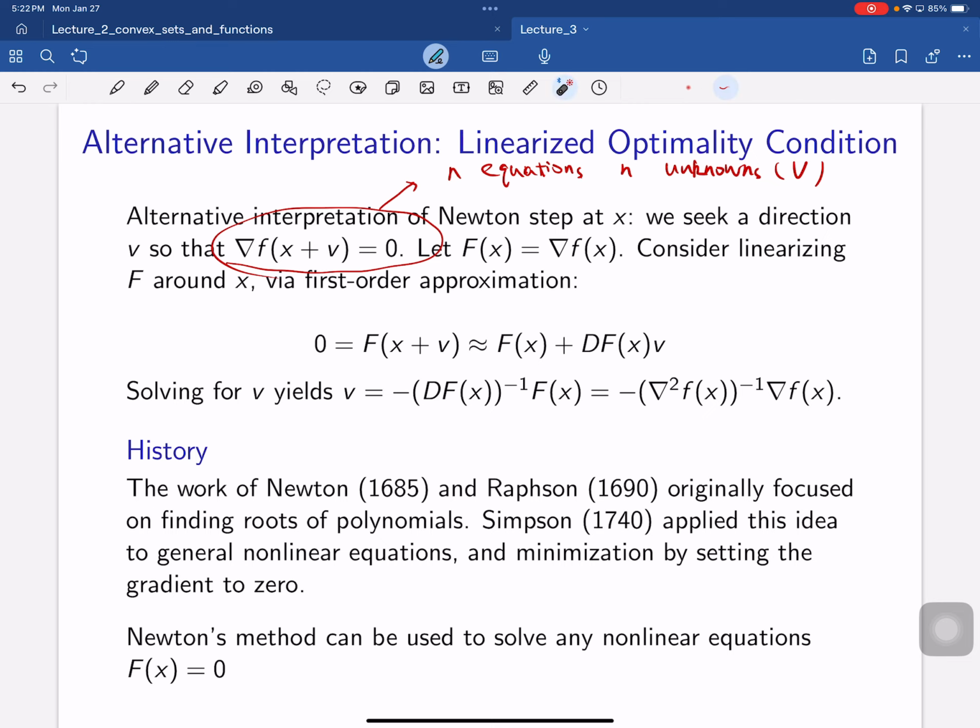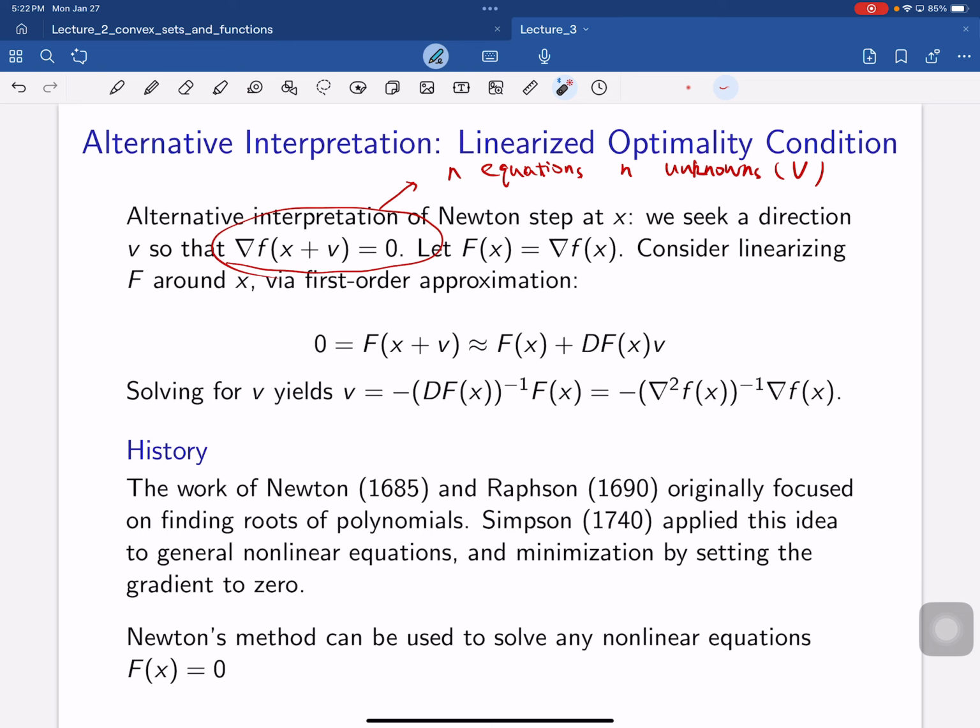The way it works is you can consider a first-order approximation of this nonlinear equation. The nonlinear equation equals 0, so let's denote capital F as the system of nonlinear equations. You can approximate it by the function value evaluated at x plus the Jacobian times the perturbation vector v.